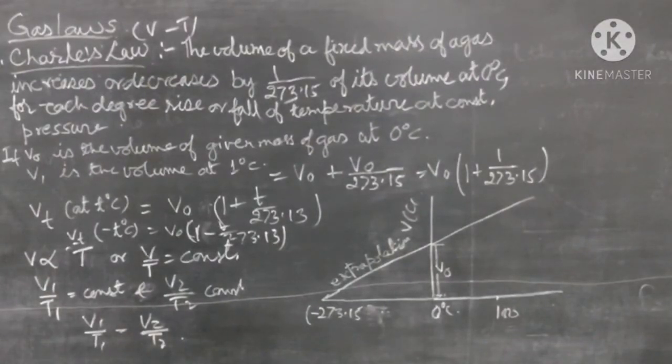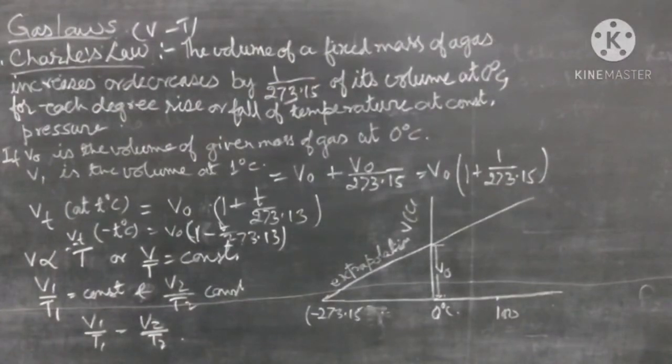So actually we write on the Kelvin scale, 0 Kelvin is equal to minus 273.15 degree Celsius, and you know the relationship: temperature in Kelvin is equal to temperature in degree Celsius plus 273.15. So that is the representation of the Charles law.